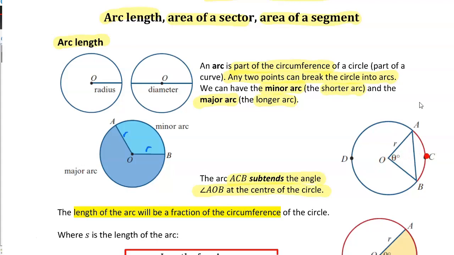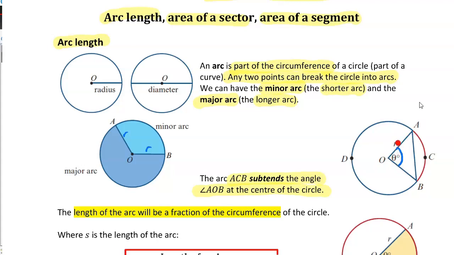At that point C, we say subtends, which is opposite that angle AOB. That angle theta is angle AOB at the center of the circle.